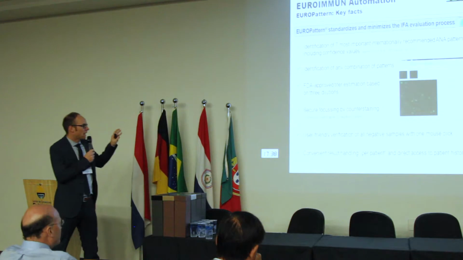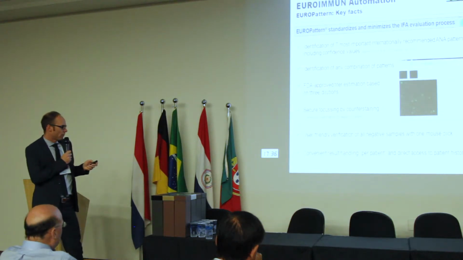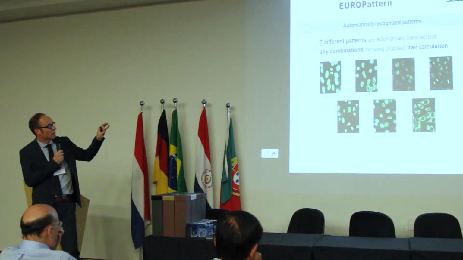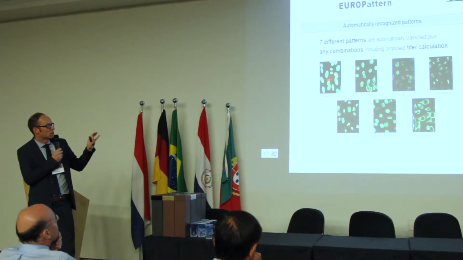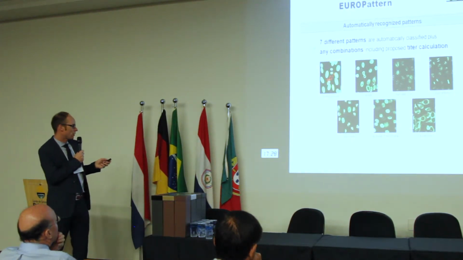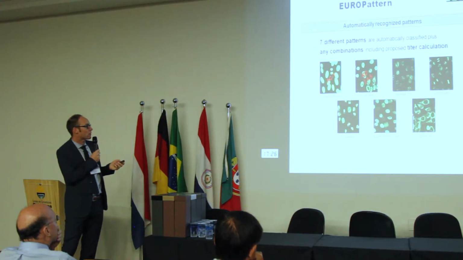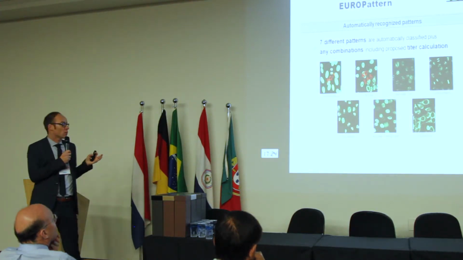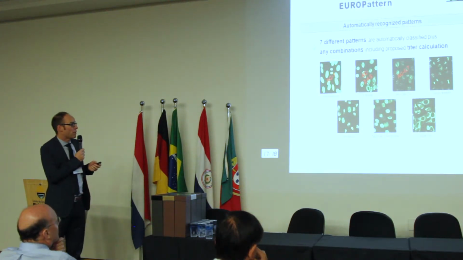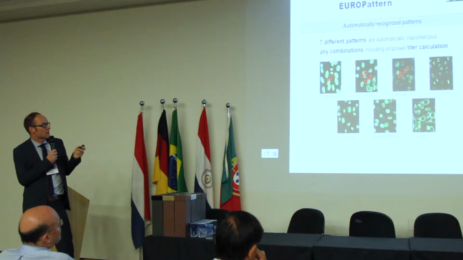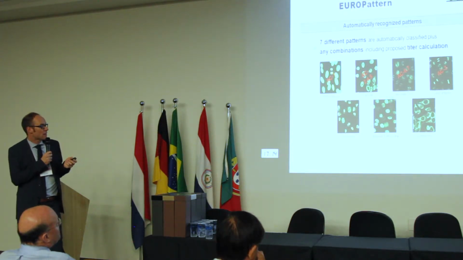We do counter staining. I don't want to go into detail here, but what I would like to point out is that these 7 patterns also belong to these ICAPs. So we have the homogeneous AC1 pattern, we have a granular pattern, which is also part of the tree, AC2, 4, and 5. We have the nuclear dots, which is AC6 and 7, the centromeres AC3.